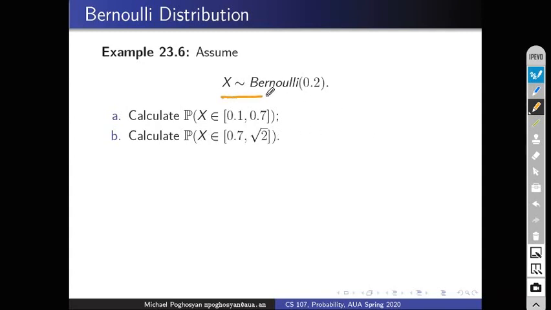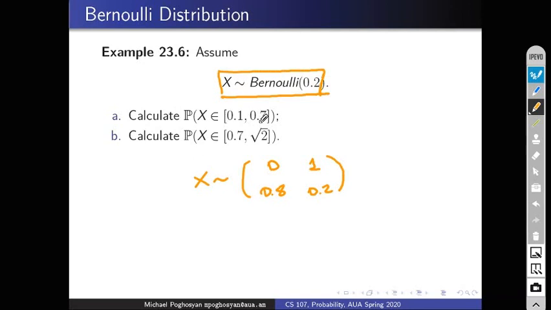Okay, so what does this mean? This means that x is taking two values, only 0 and 1, because it is Bernoulli, and the probability of 1 is 0.2, and the probability of 0 is 0.8. And this is all what this is meaning.